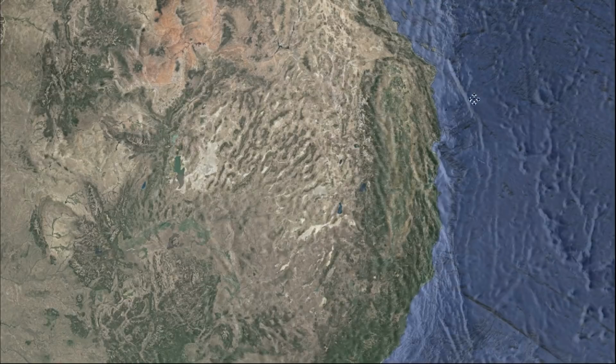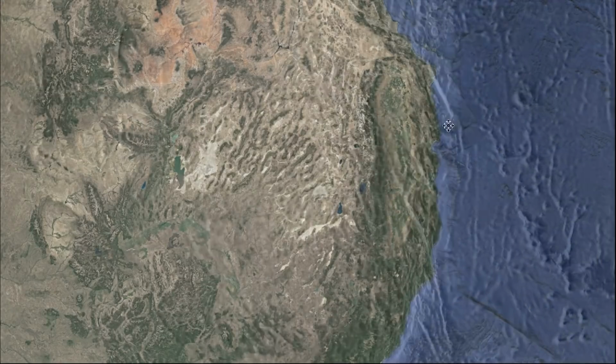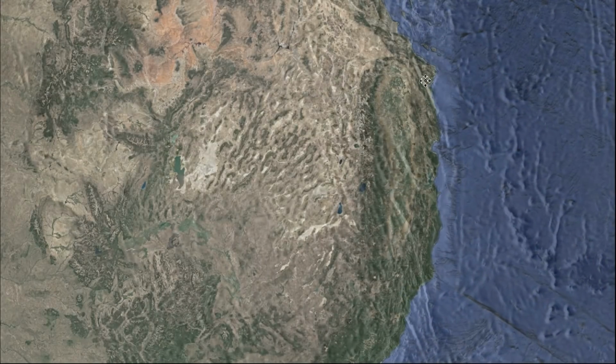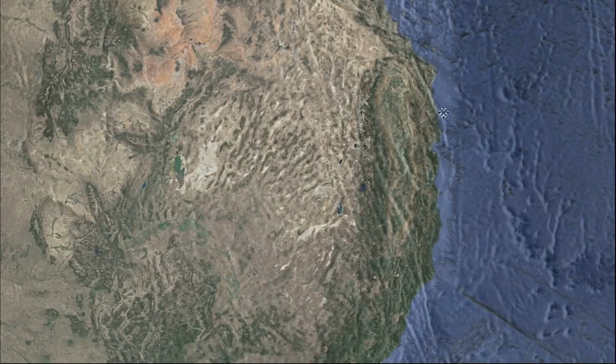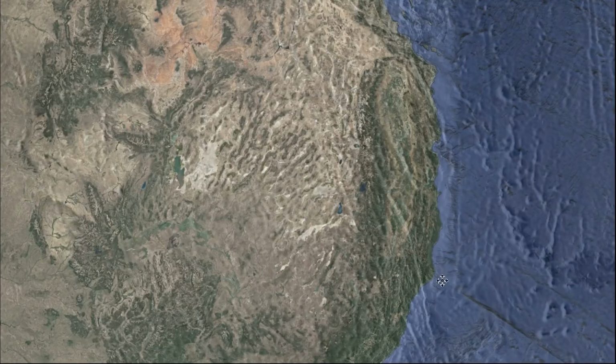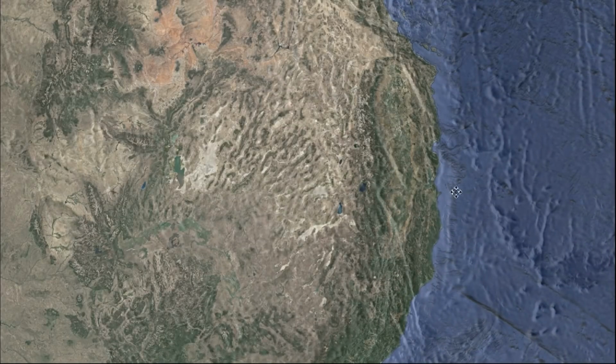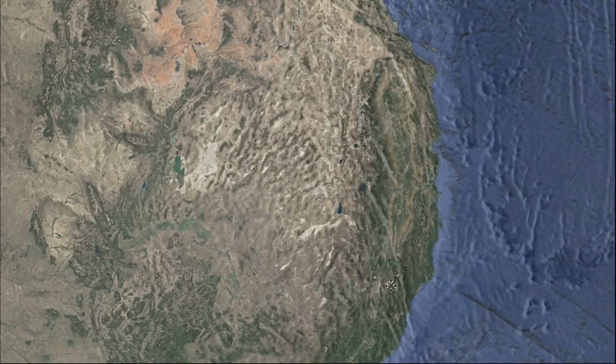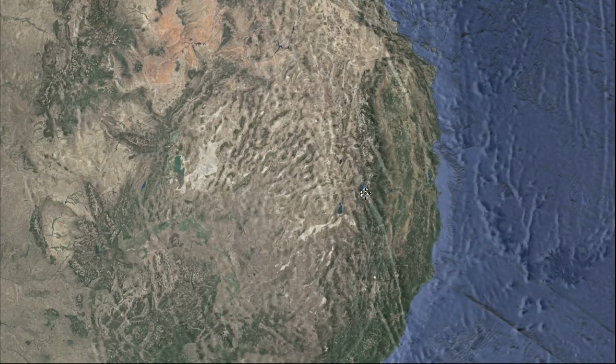Even with the features off the coastline right here, you can see that this fits right into here. As this is obviously twisting, it's going to fit. If I rotated it, it's going to fit in different areas because it's spinning like a drill. But look how this matches up with Lake Tahoe.